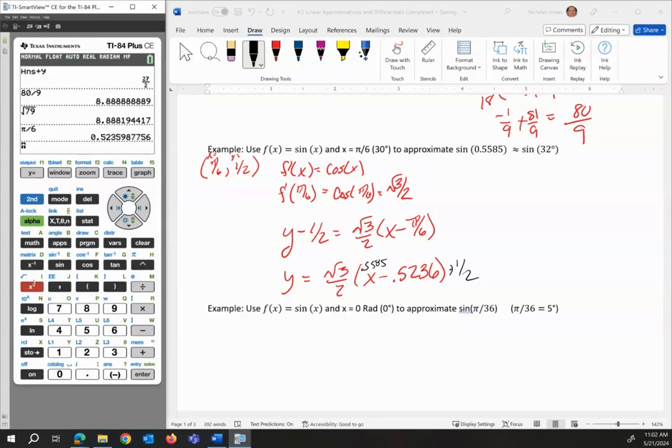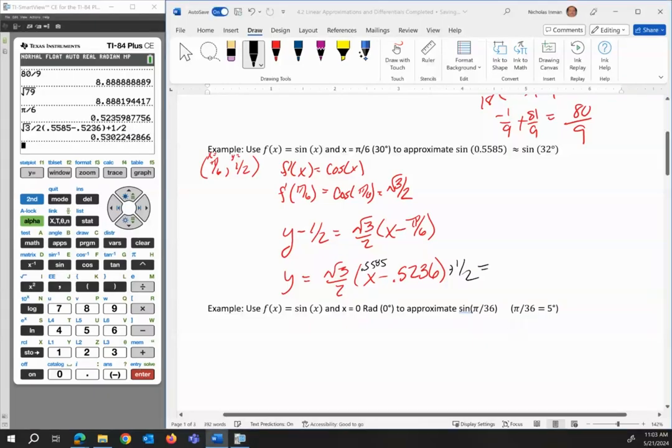So the square root of 3 over 2. This makes a little bit less sense because we're typing in square roots, but all right, so we have an approximation of 0.53.